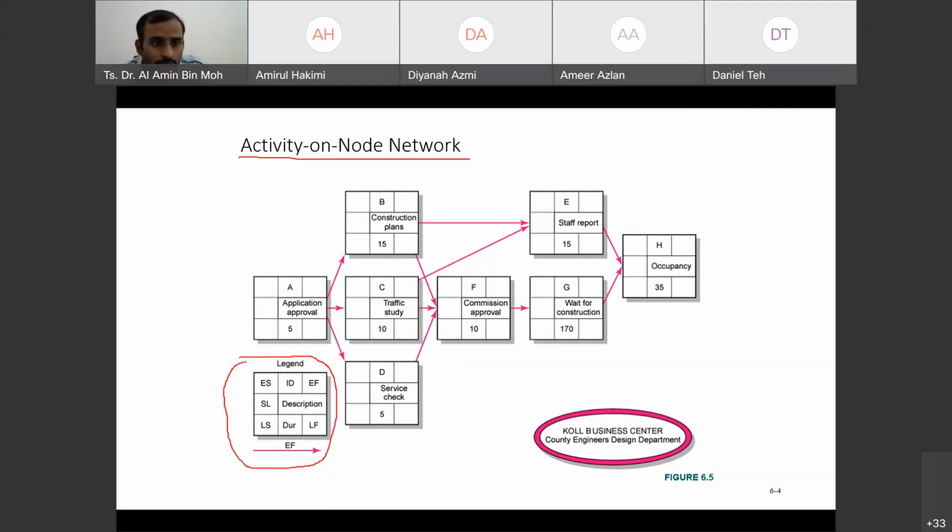So what are we going to do if we have all of this information? Can we calculate where we are going to start? Anyone? What are we going to do? You have this. Now you need to calculate the early start, early finish. So where are we going to start?